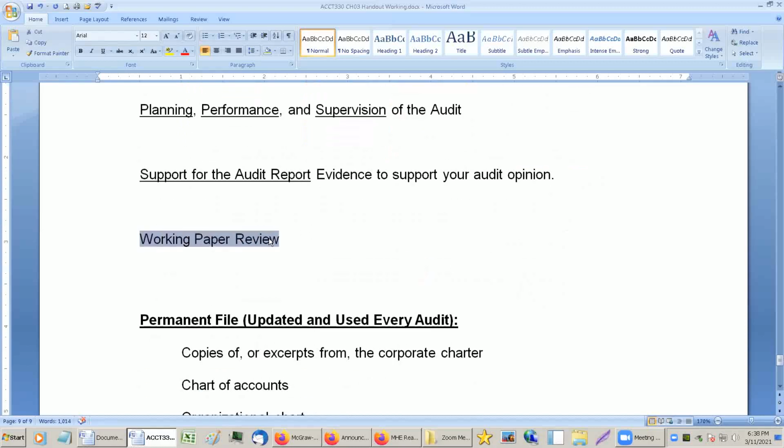And working paper review. This one is a little different, and that is your work papers will be reviewed by somebody else in the CPA firm. Usually someone who is not on the audit, they're independent of the audit.